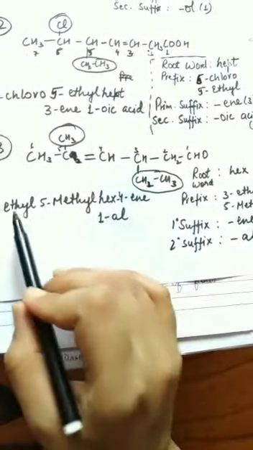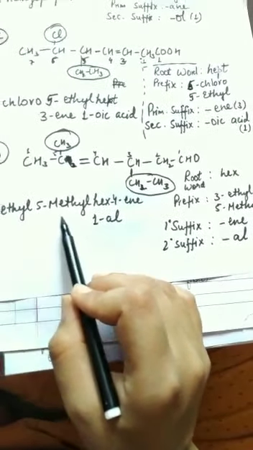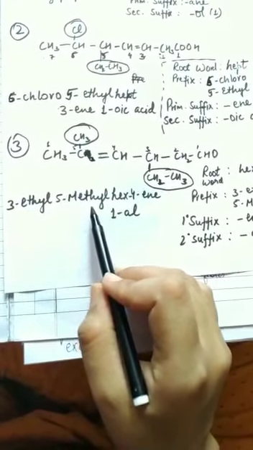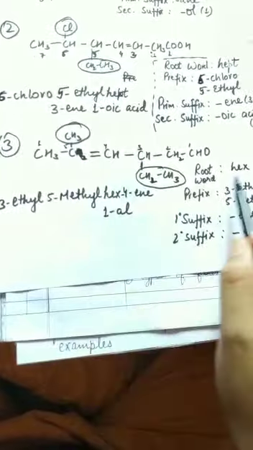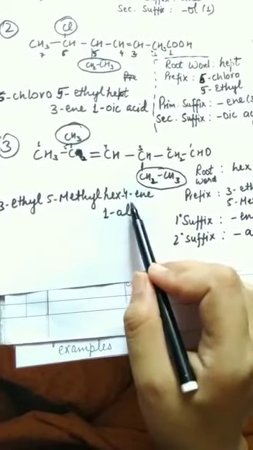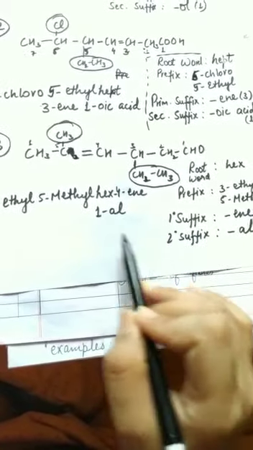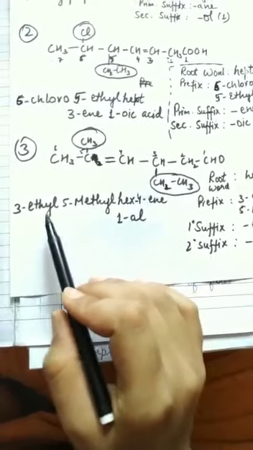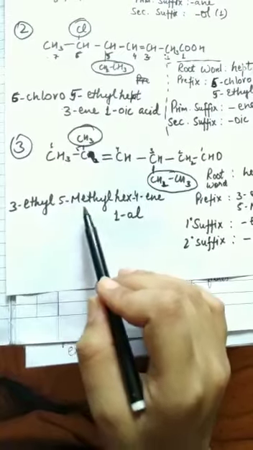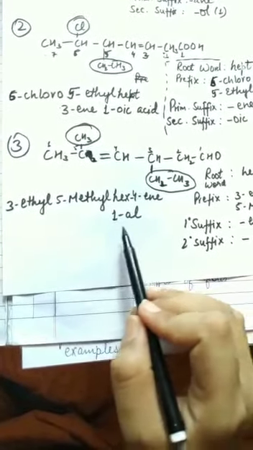Now we will start naming. First we will write prefix 3-ethyl 5-methyl. Okay, 3-ethyl 5-methyl, then root word hex, then primary suffix 4-ene, secondary suffix 1-al. So 3-ethyl-5-methylhex-4-en-1-al.